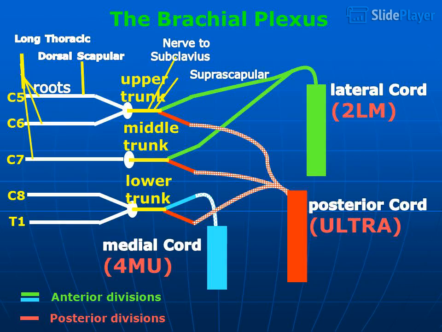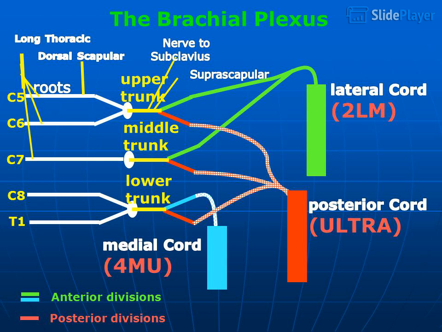The brachial plexus diagram, form a U: upper roots, trunk, lateral cord. Long thoracic. Nerve to subclavius. Dorsal scapular. Suprascapular.